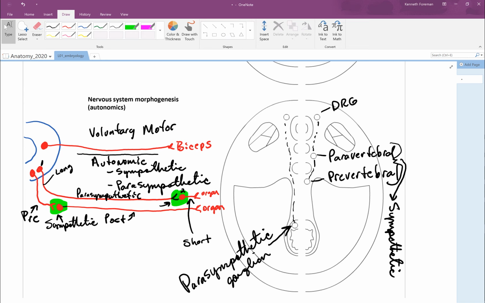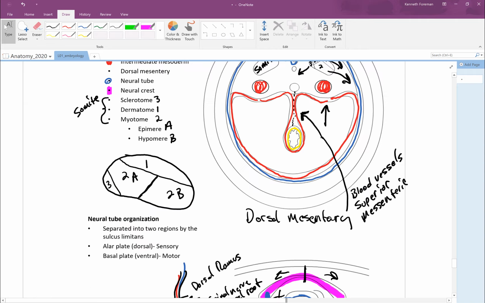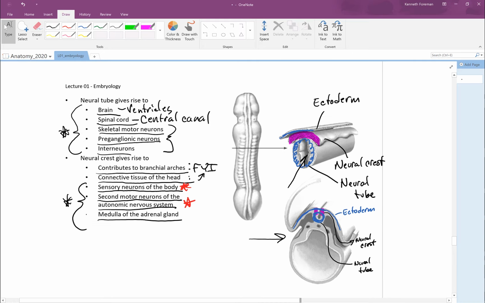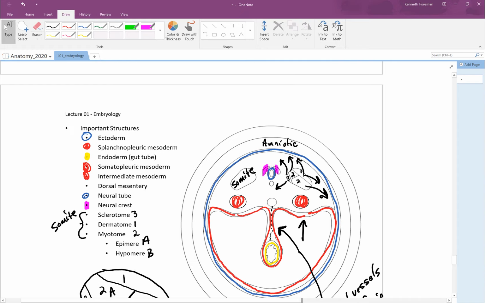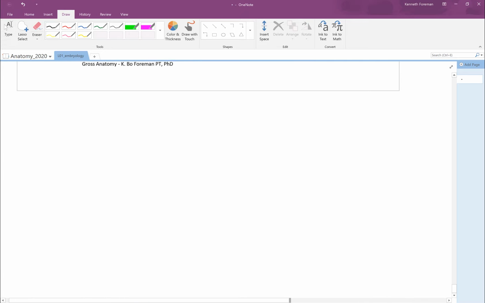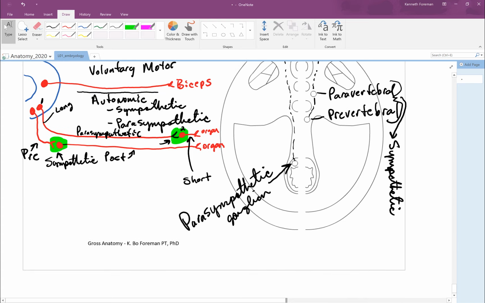The last thing I want to mention is that back here, when we talked about what the neural crest becomes, we mentioned it also becomes the medulla of the adrenal gland. I should say the adrenal gland helps control the sympathetic system.